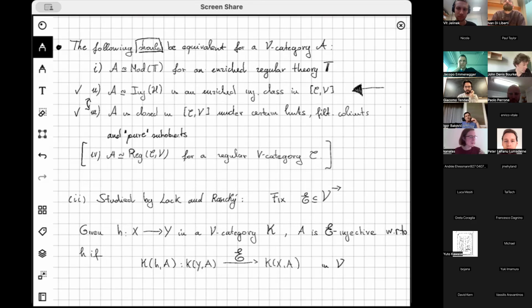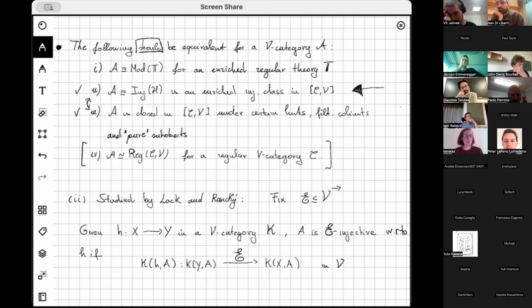Christoph? Yes. So thank you for the talk. And maybe one nice property of this regular fragment in the classical setup is that the category of models is closed under reduced products, and you can use that to show that even kappa regular logic is complete or something like that.